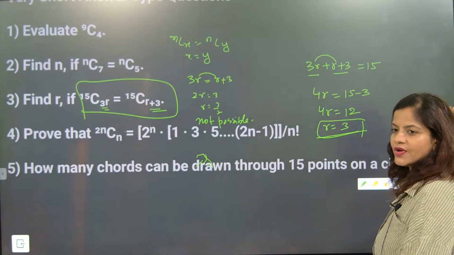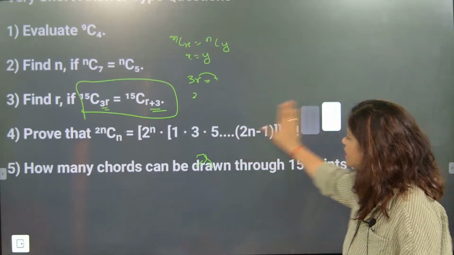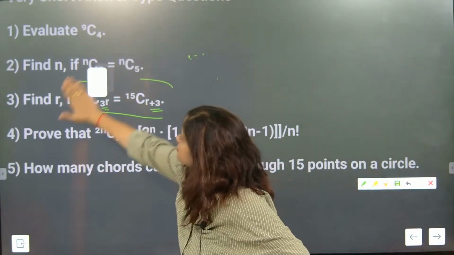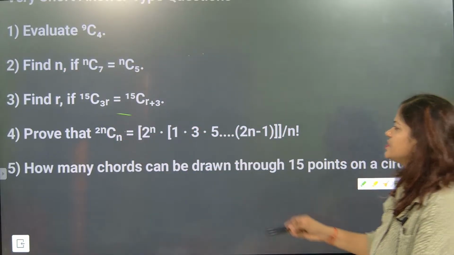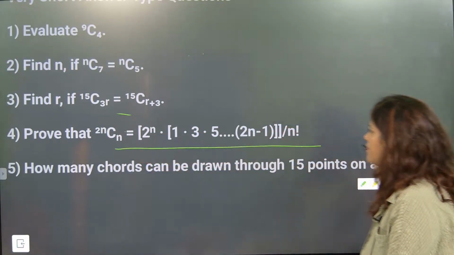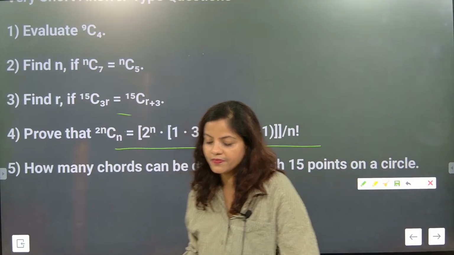Are we ready for the next question? So next question, how are we going to solve it? Now check this one out. Word problem, how many chords? This question can be solved how? So 2nCn, how to go with this formula? How to expand this formula?